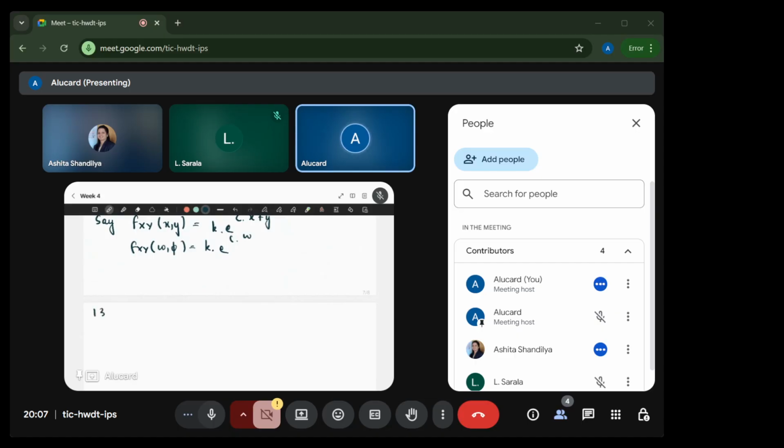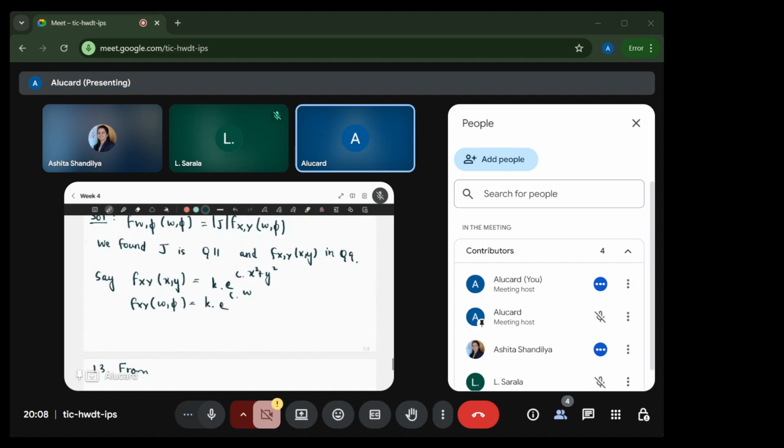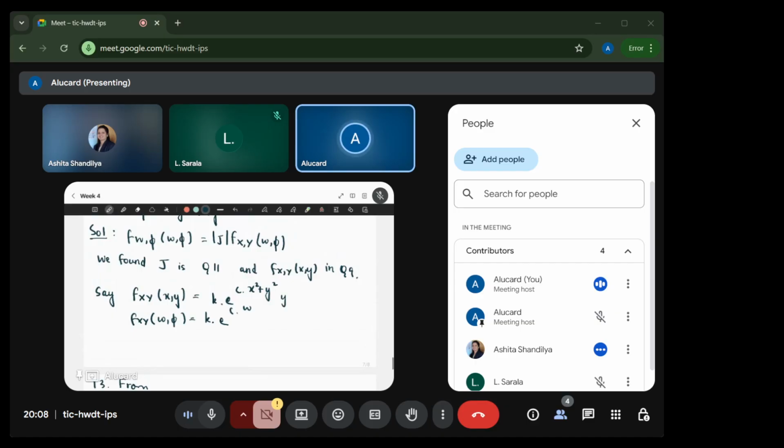Then question 13, if you have some other function, say maybe you have something else, g of the form g of y by x, or some function g, then this would be k e power c w times g of tan phi, because phi was arctan of y over x.